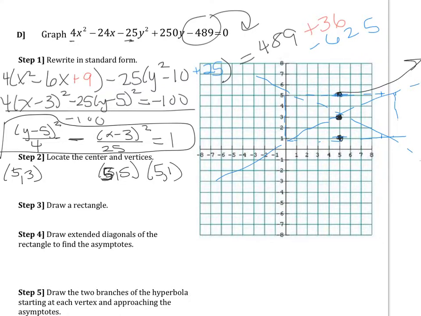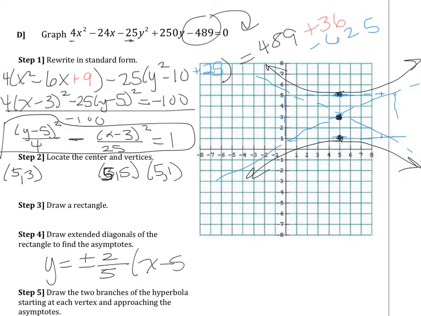We could draw that hyperbola, and then find the asymptotes. So the equations for the asymptotes are going to be, looks like, plus or minus 2/5, and we're going to use the center as our point in point-slope form. So y minus 3 equals plus or minus 2/5 times (x minus 5).